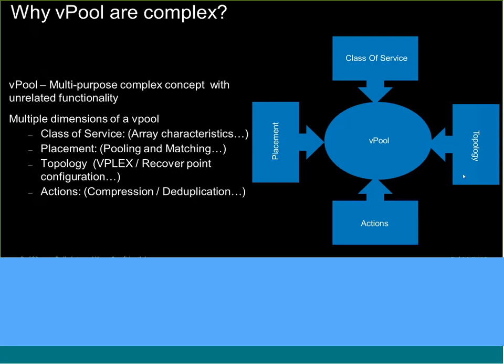The fourth part I call the actions, which means the operations when we create the resource and when we do operations on those resources, like compression, decompression, deduplication. These are all actions we do on the created resources on the system. And today, vPool is complex because these are all embedded into one single concept called vPool.